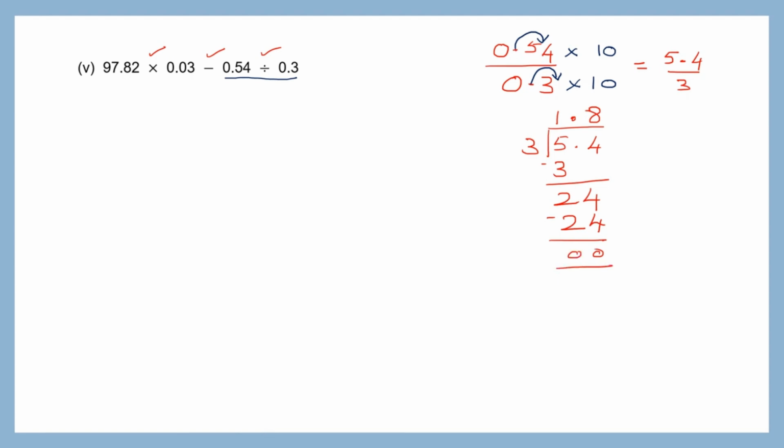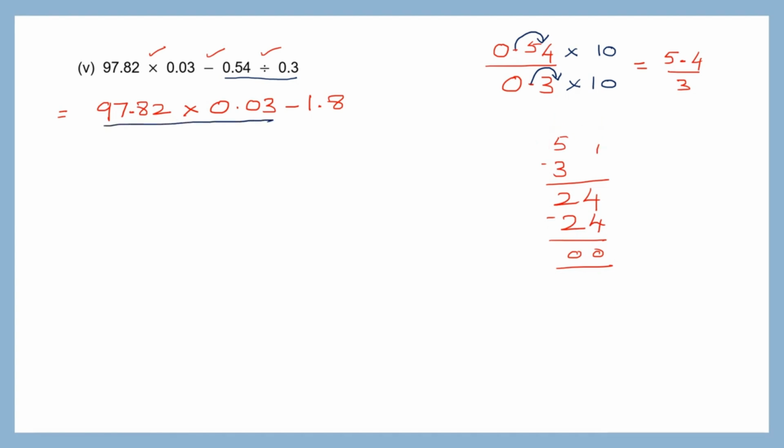Okay, so now I've got 1.8. Let me write it down there. So let me copy my question as it is. 97.82 into 0.03 minus 1.8. Now I have two operations. I have a multiplication and a subtraction, and I need to do my multiplication first.